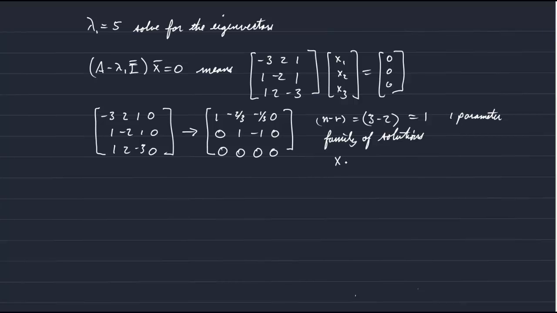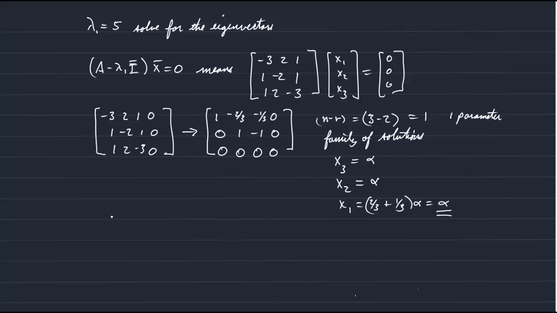And so that'll be x3 is equal to alpha, with x2 equaling alpha, because the second equation is x2 minus x3 is equal to 0. And then finally, x1 using the first equation is equal to 2/3 plus 1/3 alpha, and that's equal to alpha.